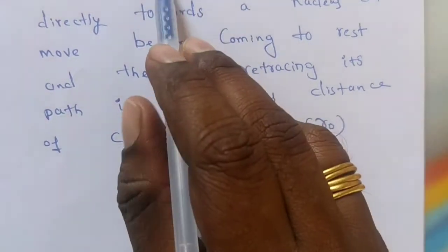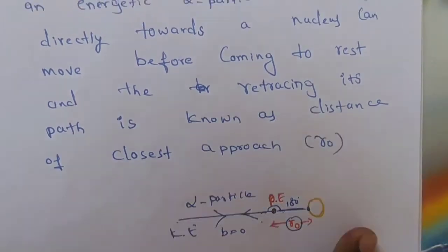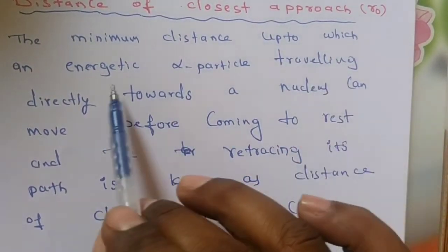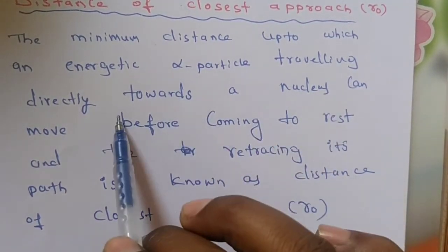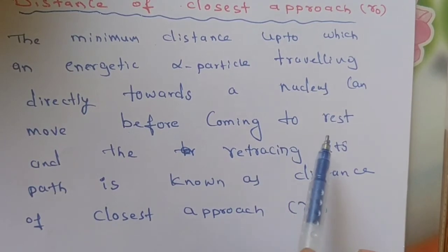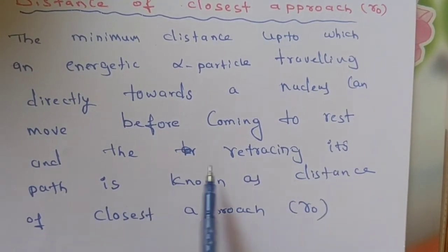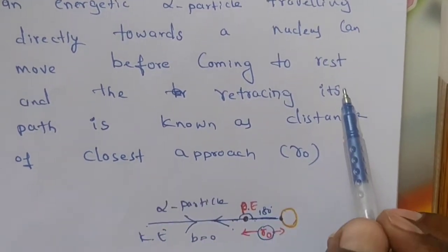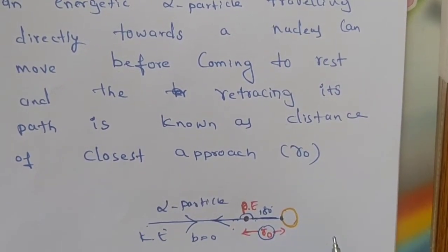Definition: the minimum distance up to which the energetic alpha particle traveling directly towards a nucleus can move before coming to rest and retracing its path is known as the distance of closest approach.